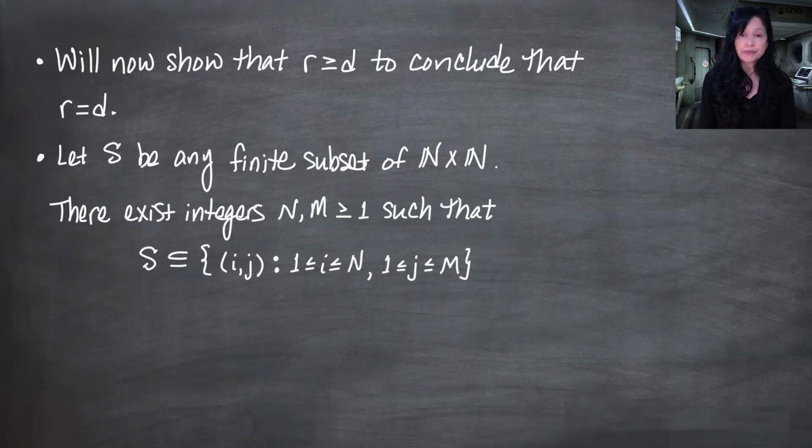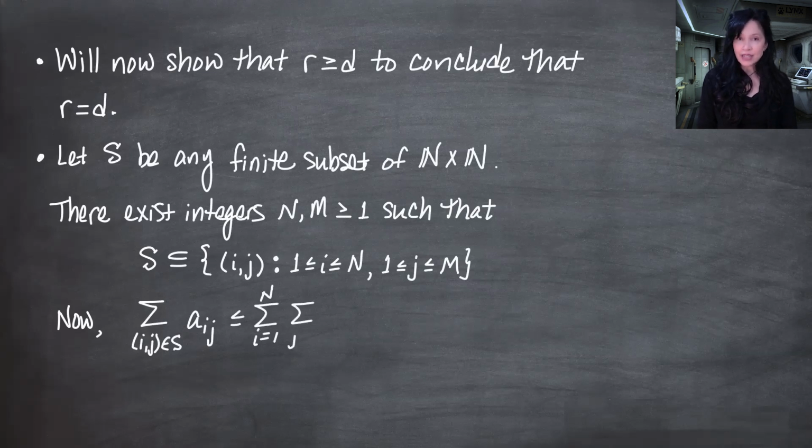Now, the sum over all pairs in S of the Aij, because these things are non-negative, if I sum over all of these things, which contain potentially more indices than we have in S, I'm going to get something bigger.